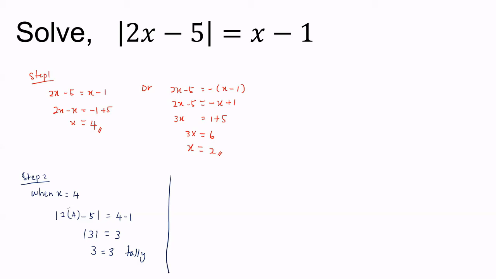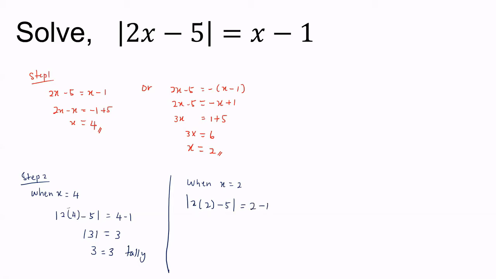Now, similarly, we're going to check the second critical point, which is x equal to 2, on the absolute value equation. When x is equal to 2, we substitute into the absolute value equation: |2 times 2 minus 5| equal to 2 minus 1.